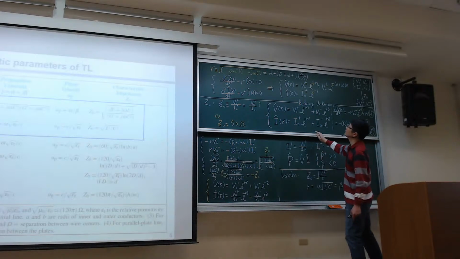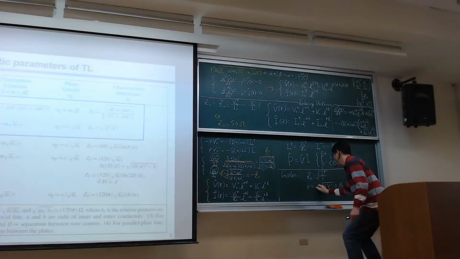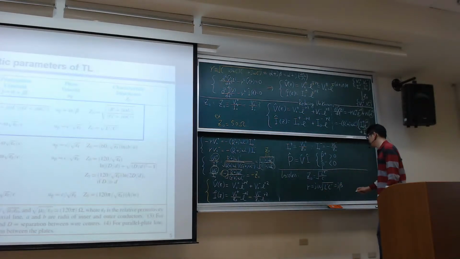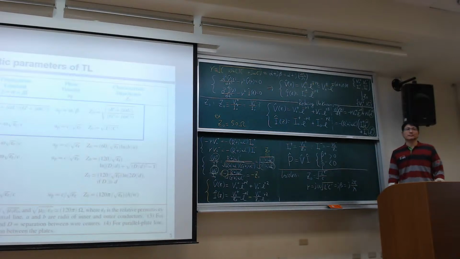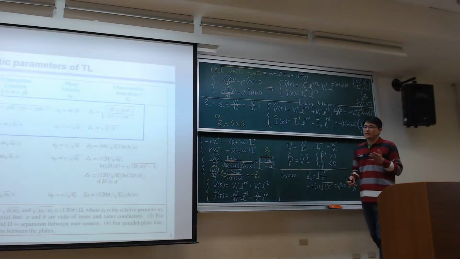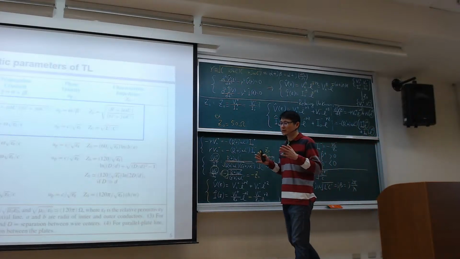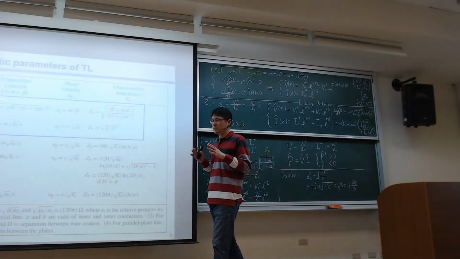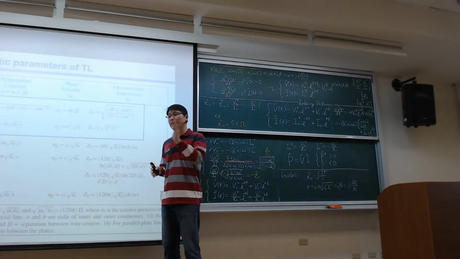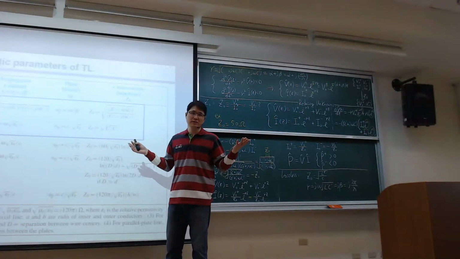Okay, purely imaginary, j, and that is equal to j beta prime divided by omega. Okay. So if we have a lossless transmission line, things become simplified. The wave travels, there's no loss.